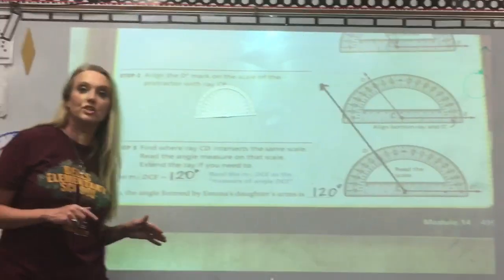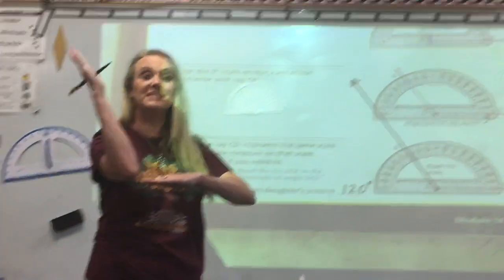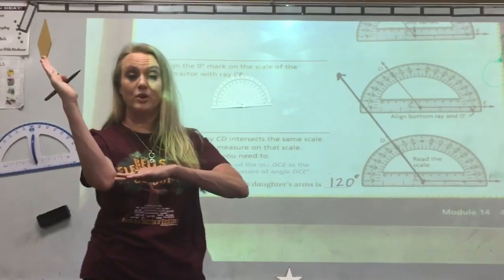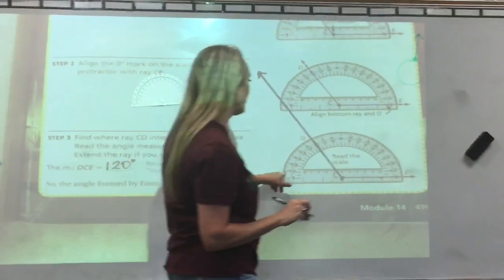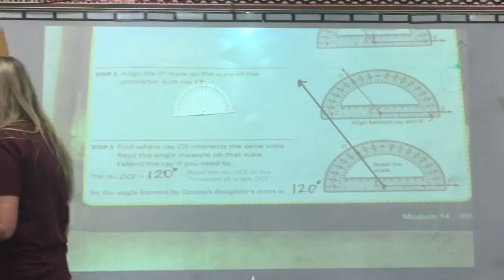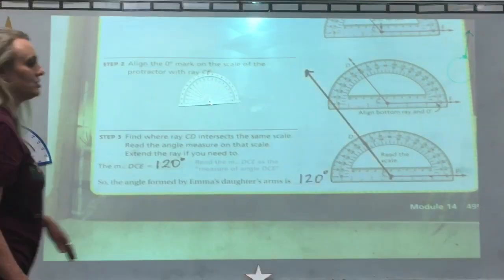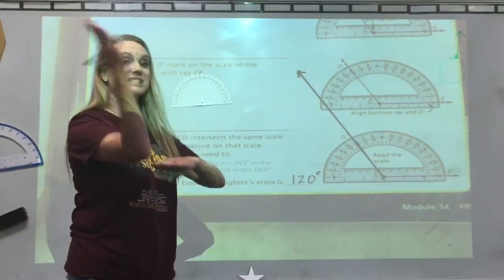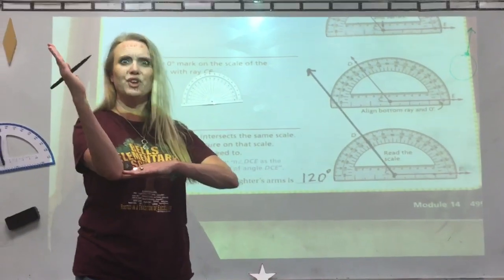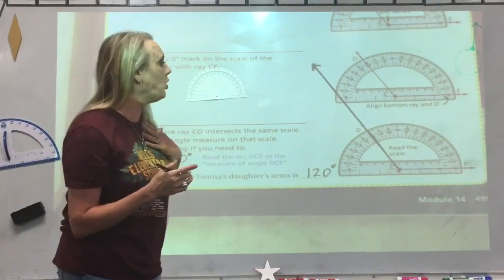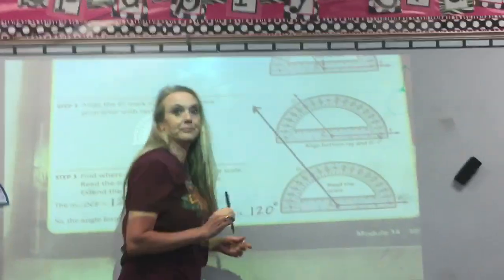To double check that you used the right scale on the protractor, ask yourself, does this look like 120 degrees? Yes, it does. What if you would have read the scale wrong and you would have seen 60 degrees? Does this look like a 60 degree angle? You would tell yourself, no, 60 is acute. Oh, I must have read the scale wrong. So you would go back and try again.